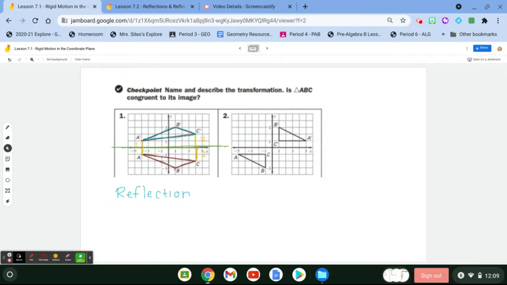It's sort of the midpoint between those 2 points. So I'm going to write that down.